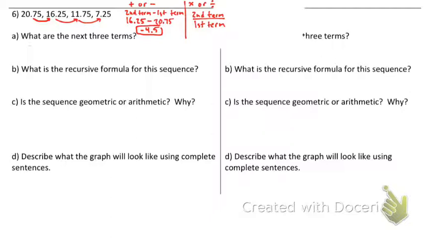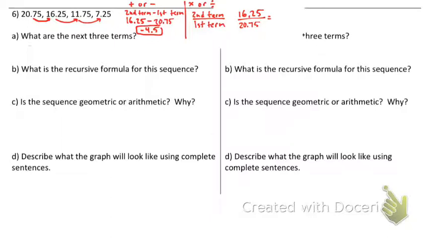So the second term is 16.25 divided by 20.75. And if it's multiplication to get to the next term, let's divide this with our calculator. 16.25 divided by 20.75.